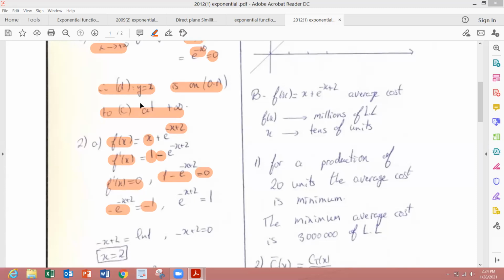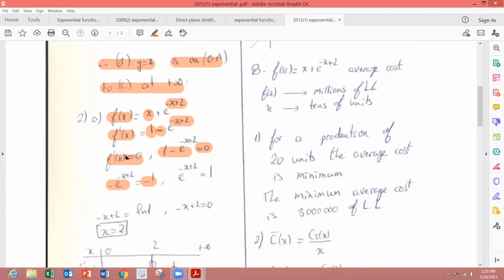Now it's done. Okay, good. So f(x) equals x plus e power minus x plus 2. The derivative of x is 1. The derivative of the exponential is the derivative of the power, which is minus 1, times e power minus x plus 2. Now we solve f prime x equal to 0 because I don't know the sign. Then 1 minus e power minus x plus 2 equal to 0. x to one side, numbers to the other side.